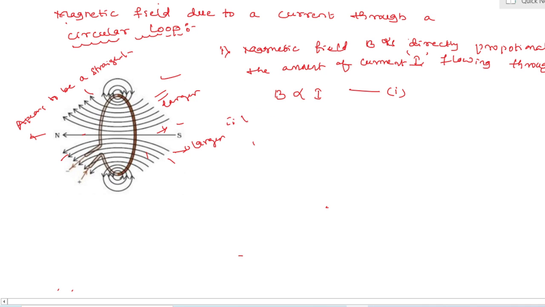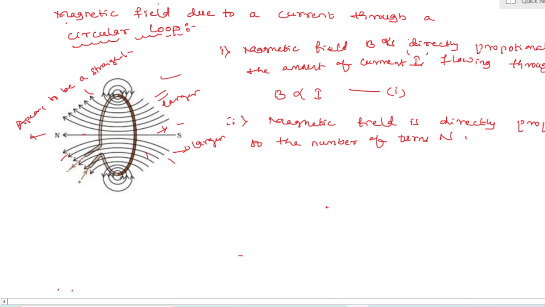Second, magnetic field is directly proportional to the number of turns n of the wire.